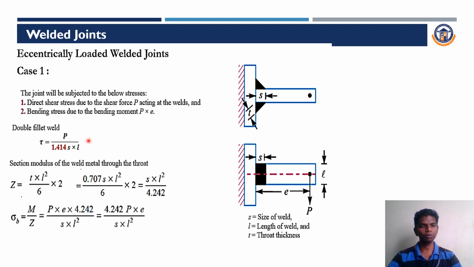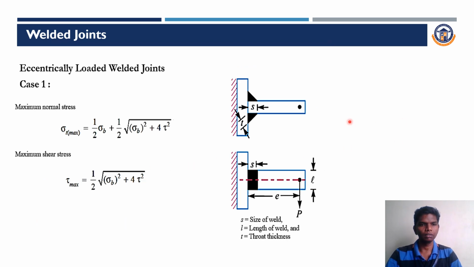By using the tau formula, we can calculate for the double fillet weld. Second, the section modulus of the weld metal through the throat can be found using this formula. Next, in case one, the maximum normal stress is calculated by using this formula, and the maximum shear stress is calculated by using this formula.